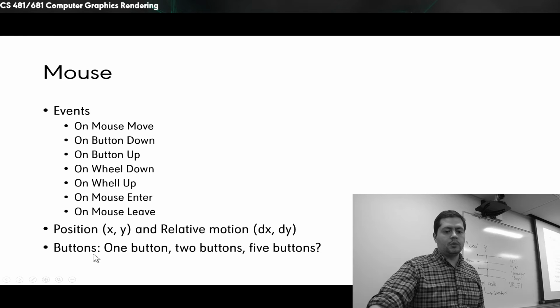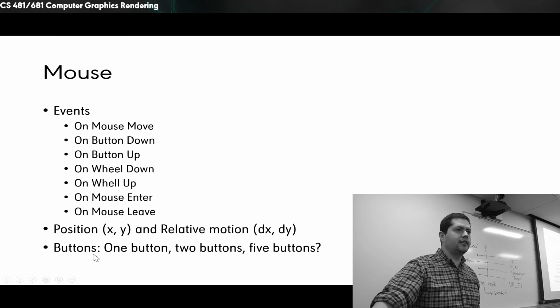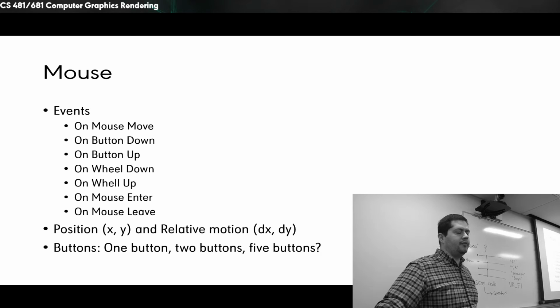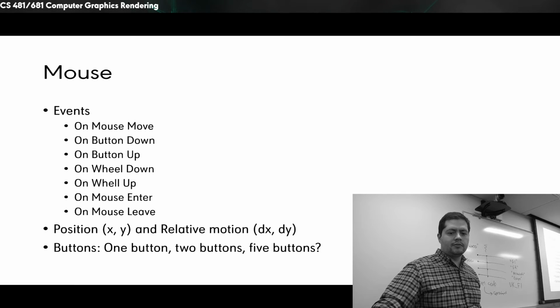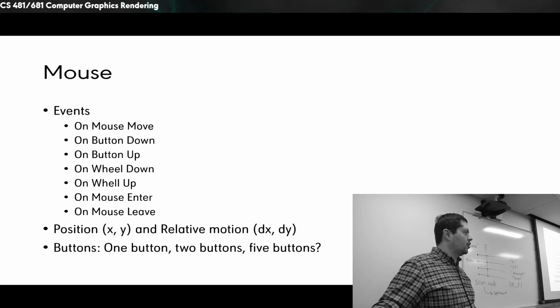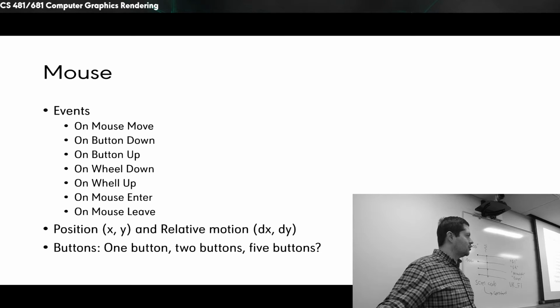You also have to consider, well, what kind of mouse am I supporting? Because I figure nowadays mice are more complicated than they used to be. But for a long time, there was the classic 2-button mouse that you would see on an IBM computer, and there was the 1-button mouse that you see on an Apple. There was no right click. There was just the one.